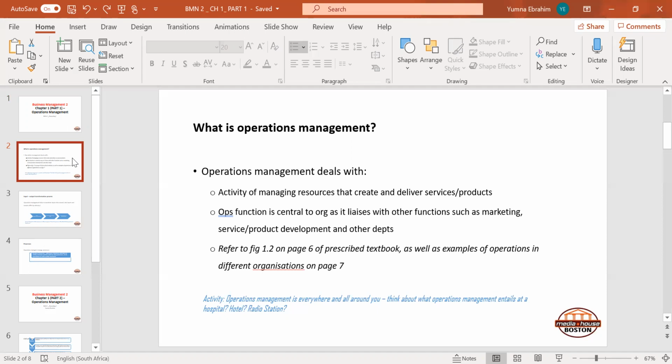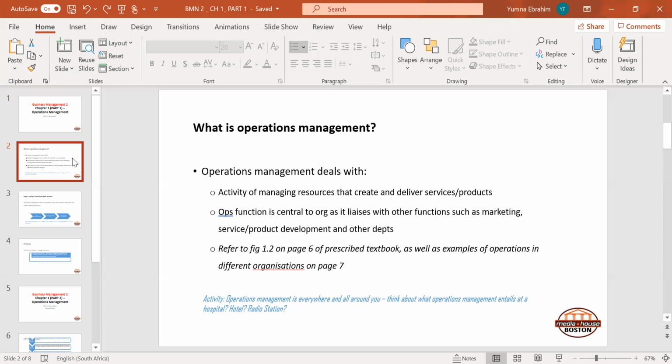In a nutshell, from page 5 onwards, they'll explain what operations management deals with. Basically, it's about managing resources that create and deliver services or products. Remember, some firms like MTN deliver me a service. Data, cell phone connectivity is a service.